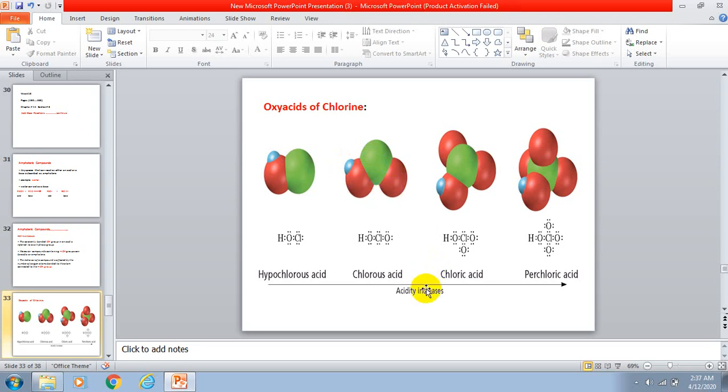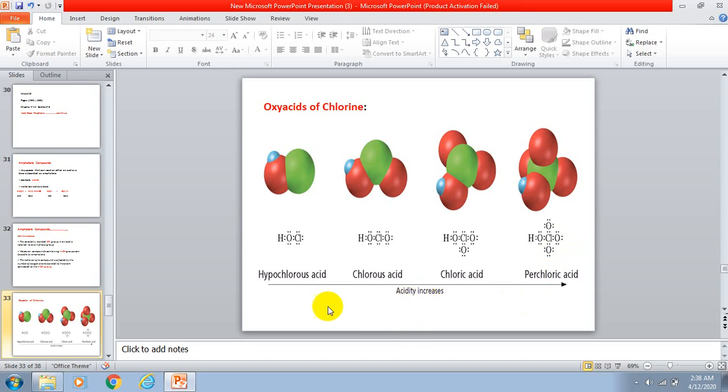Oxygens. Look at how the acidity increases. Hypochlorous, single O; chlorous, double O, two oxygens; chloric, 3 oxygens. Look at the structure. Consider this is a chlorine, and this one is the hydrogen. Perchloric acid, 1, 2, 3, 4. The reddish bubbles are considered to be the oxygens.